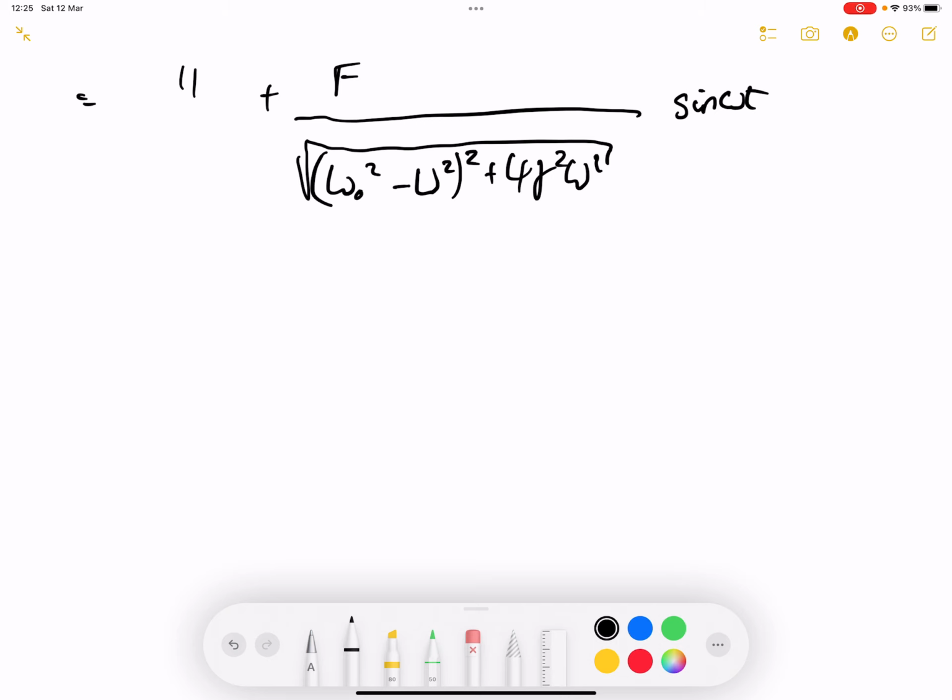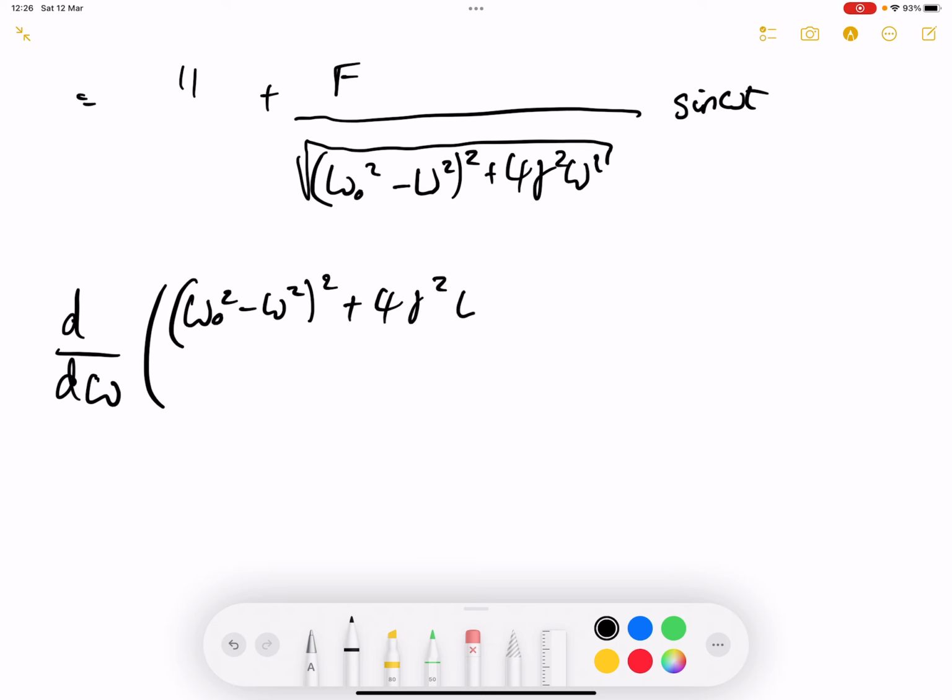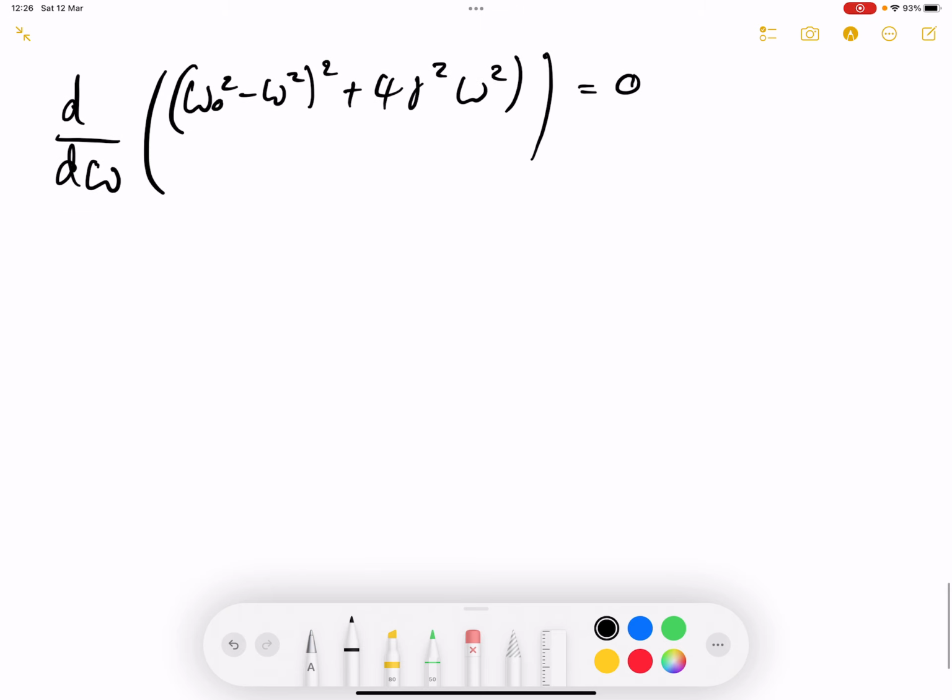So d by d omega of omega naught squared minus omega squared, squared, plus 4 gamma squared omega squared, must equal 0 at a maximum or minimum. Stationary point, gradient equals 0. Okay?